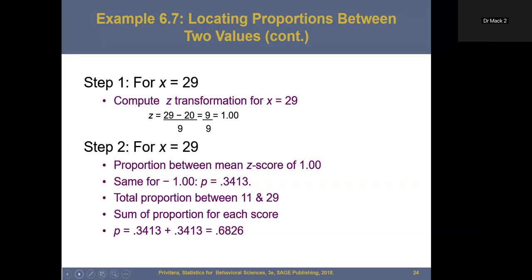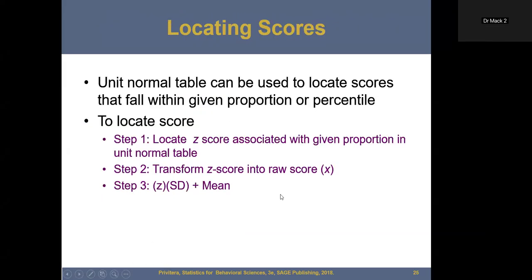Okay. So locating scores: the unit normal table can be used to locate scores that fall within a given proportion or percentile. Locate the z-score associated with the given proportion in the unit normal table. Transform the z-score into a raw score x.